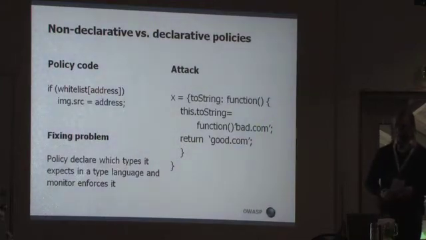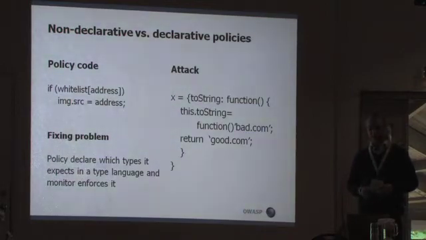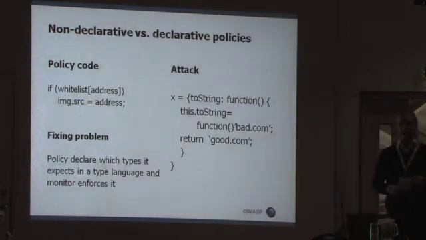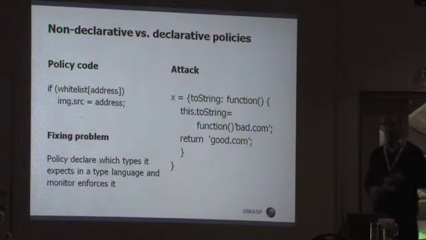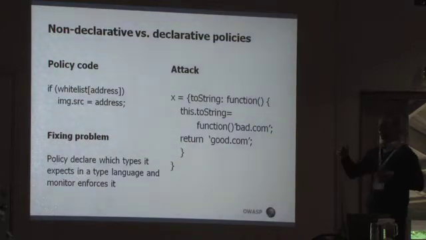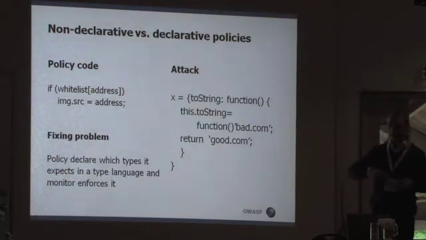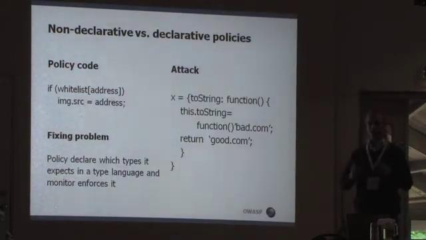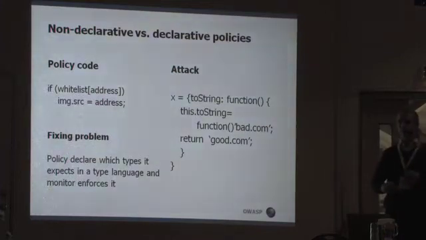We've also been discussing non-declarative versus declarative policies, and this was suggested to us by Sergio Maffei. Here an object is stateful in the sense that it will return a good thing when it's inspected and a bad thing when it's actually used.